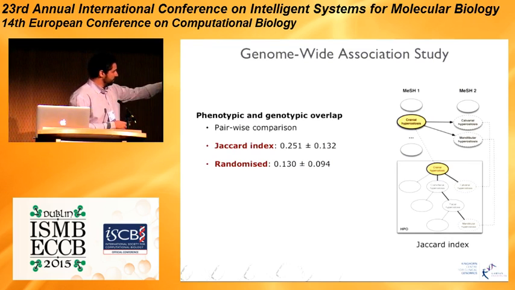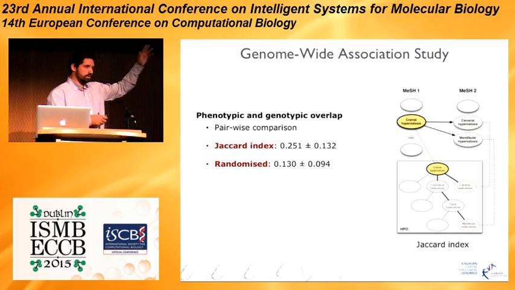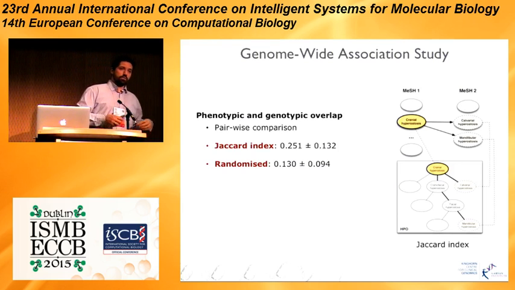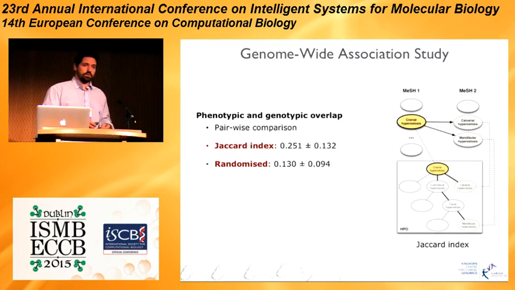I'm not going into details, but the point is that we also use the parents and the children of the particular disorder to compute the Jaccard index. We were able to reach a Jaccard index of 0.25 plus or minus 1.3, which was more or less double what you would get in a randomized fashion.